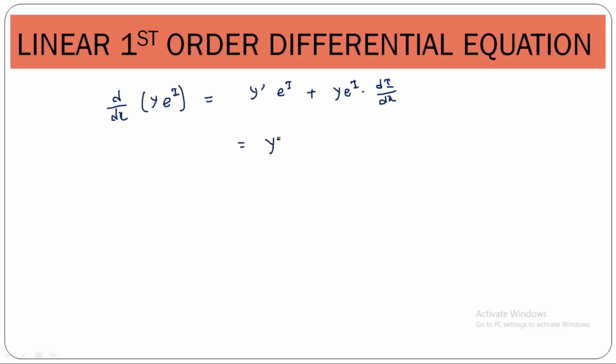So you will get y' e to the power I plus y e to the power I into p. Now if you take e to the power I common, you will get just y' + py.